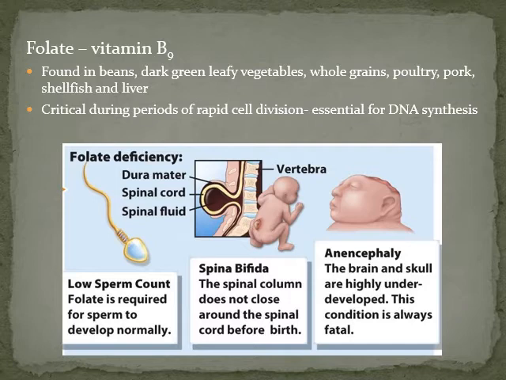Can also lead to low sperm count, spina bifida, which is where your spinal column doesn't close all the way around the spinal cord before birth. So this is why moms are supposed to be taking lots of folate or vitamin B while they're pregnant as well. Can also lead to anencephaly, which is always fatal.